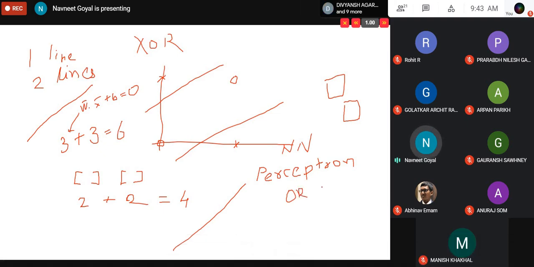It will be able to solve the AND gate. But it will not be able to solve XOR. Okay. So now what we do is, the perceptron model, as I said, is nothing but a line, right?